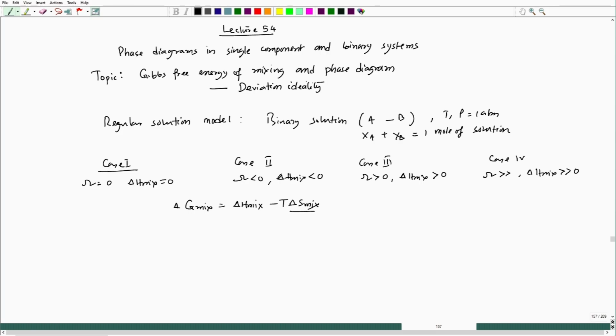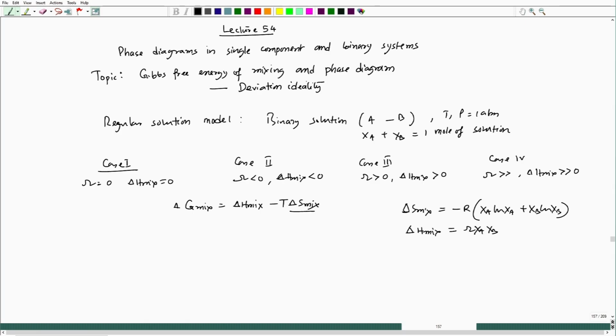Other entropy terms will be ignored. So, now here delta S mix is the same in both cases, minus R times X A ln X A plus X B ln X B, and delta H mix equal to omega X A X B.